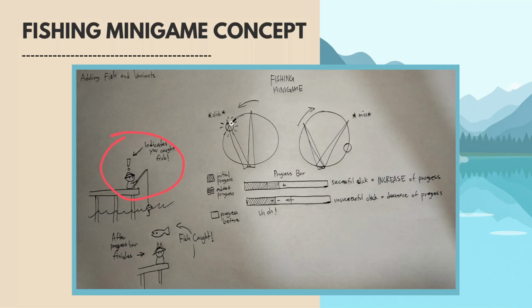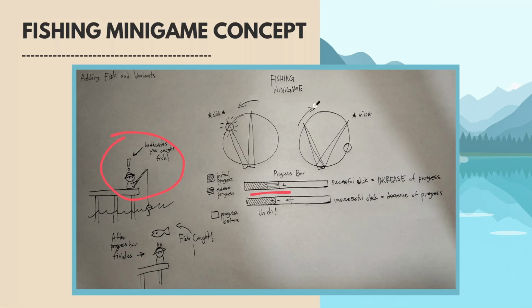So when this arrow rotates this way, you have to click this little circle in order to progress the progress bar over here. And then when you click this, the arrow will rotate to the other side, and then you click this, and then it rotates to the other side until you finish your progress bar.